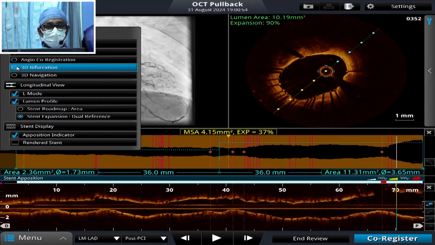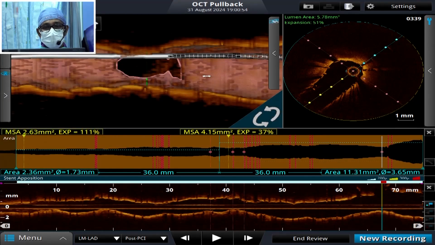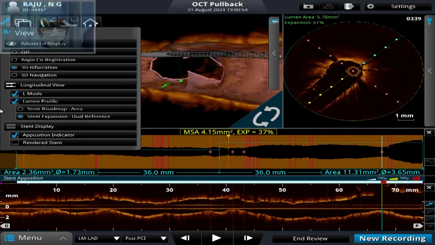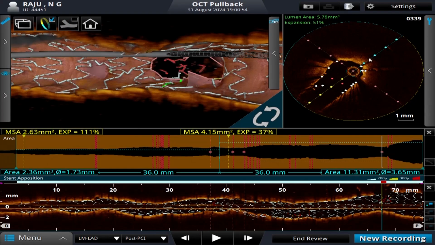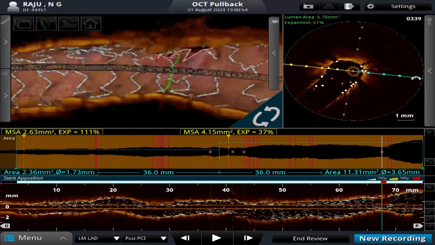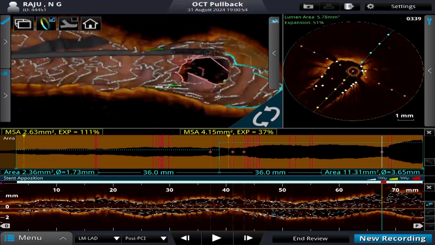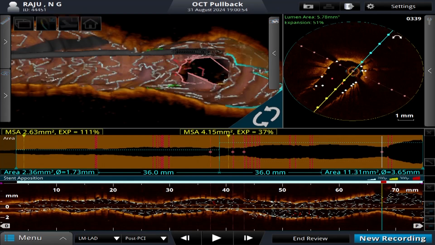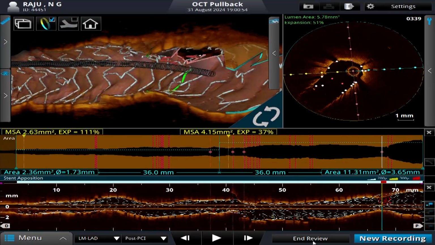In that 5 area, do we need some more expansion, sir? In the mid LAD. Yes, sir. Well, this is the circumflex ostium, mid LAD alone. Whether we need to post dilate it. We didn't have an angiographic co-registration, is it?